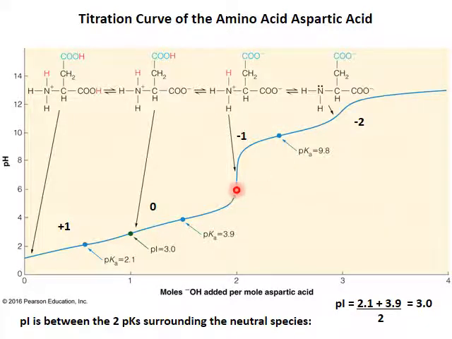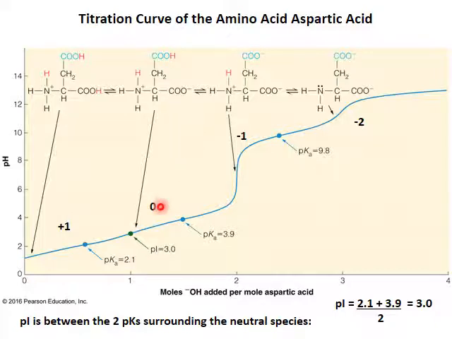And looking at the species after a complete titration of the first acidic group is where the zwitterionic species exists, and so the pH at that point is the pI of this molecule. So that's how you can determine the pI from a titration curve.